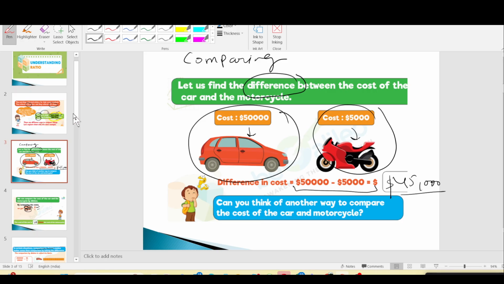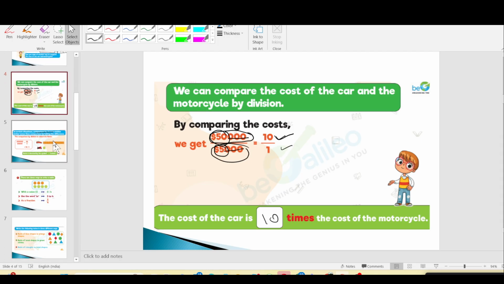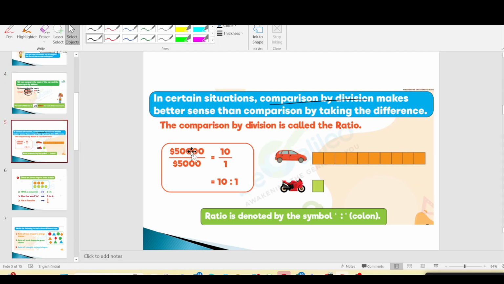It was making sense, but if I divide them and say that the cost of the car is 10 times the cost of the motorcycle, this is a better way of comparison, isn't it? And when we compare things by division, this is called a ratio.